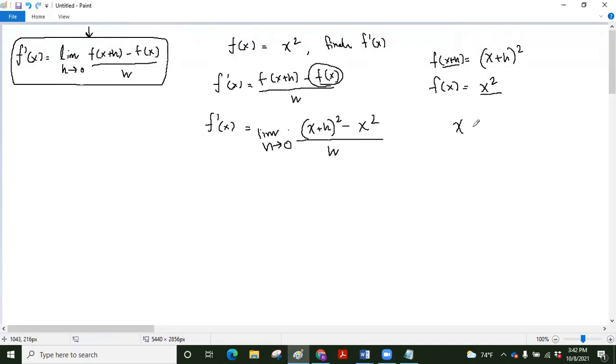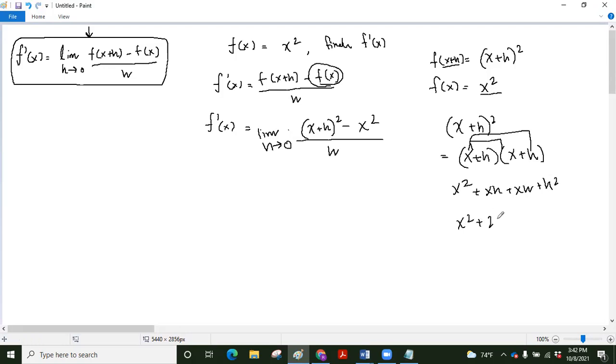So if I take x plus h squared, that's x plus h times x plus h, so that's x squared plus xh plus xh plus h squared. That's x squared plus 2xh plus h squared. And then we can put that here.